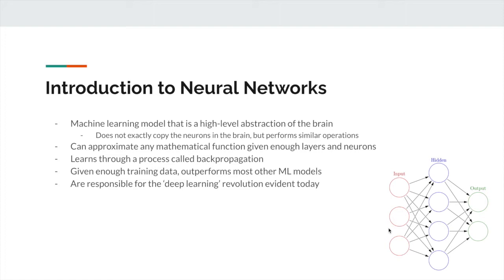And if you're familiar with the term deep learning, many people think it's a buzzword, but it's actually a field of research that has been fueled by progress with artificial neural networks. Deep meaning the number of layers of neurons that we have in our network. And so basically in this lecture, we're going to explore how neural networks work and get a high-level overview of how we can train neural networks for our own tasks.